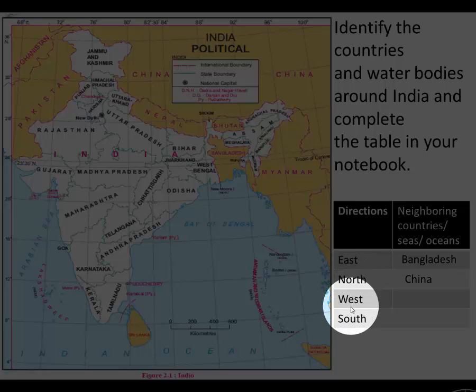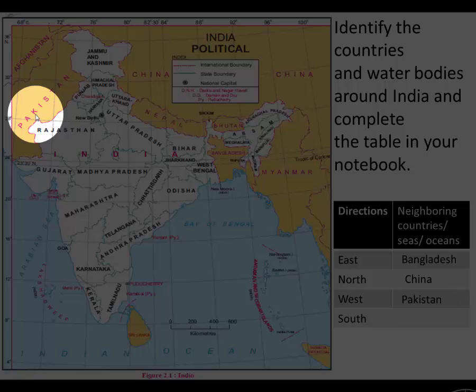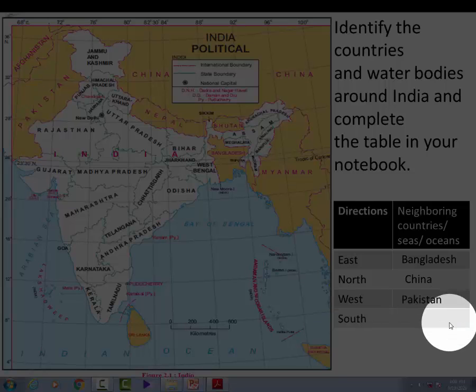Now the third one, the country which lies on the west side of India. Say this is India, and on the west side is Pakistan. Yes, the country is Pakistan. Okay, now the last one, to the south.